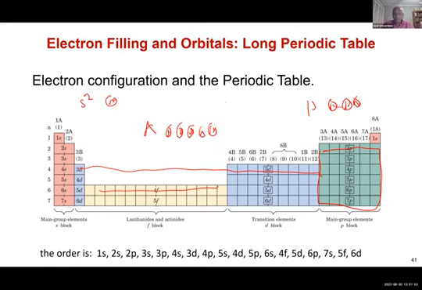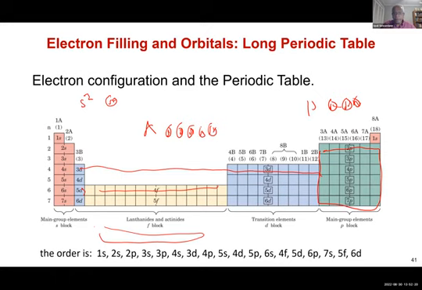This is represented by the long form of the periodic table. In the periodic table, lanthanides and actinides were taken out after this place and put at the bottom. You remember that lanthanides and actinides are at the bottom.